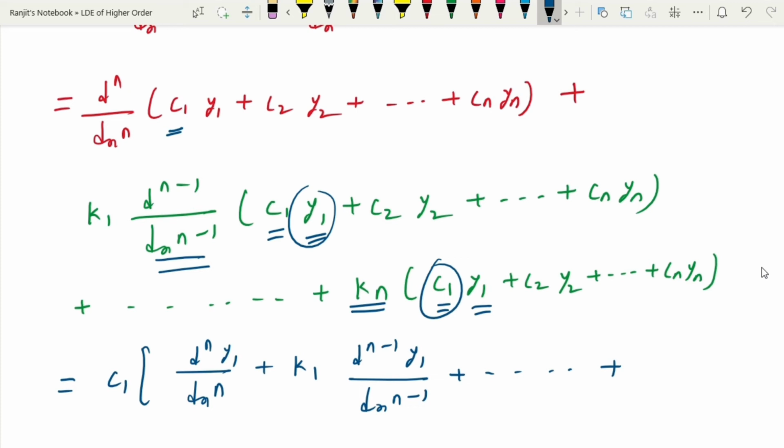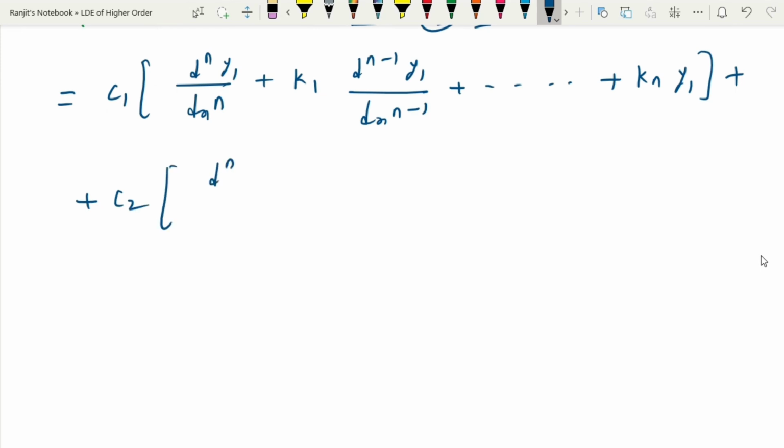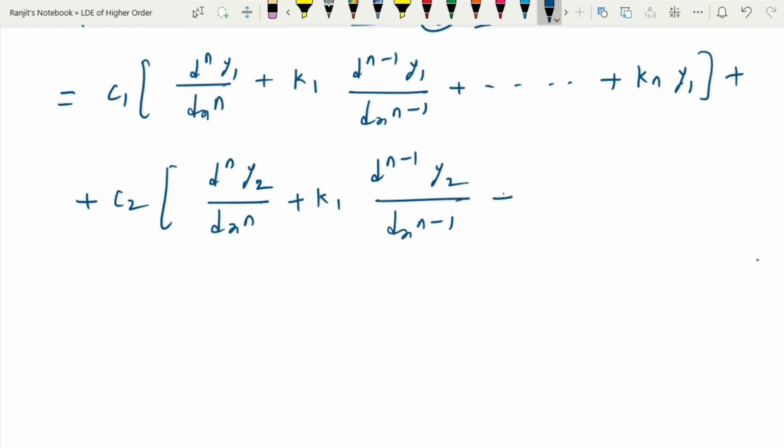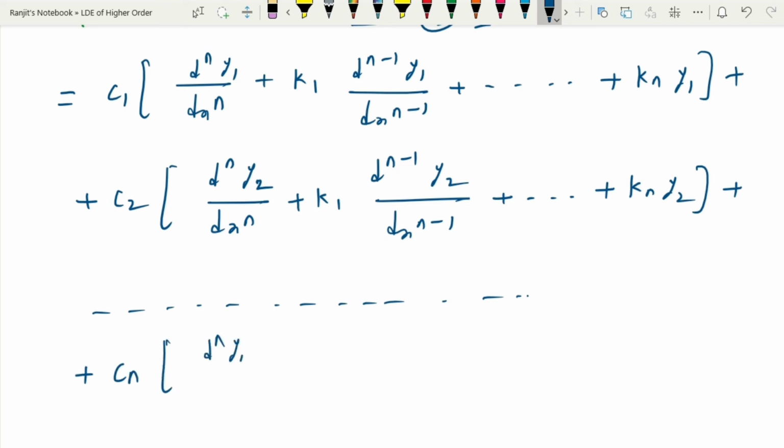Similarly, c2 is the common term: plus c2 times (d^n y2/dx^n + k1 d^(n-1) y2/dx^(n-1) + ... + kn y2), plus cn is the common term: cn times (d^n yn/dx^n + k1 d^(n-1) yn/dx^(n-1) + ... + kn yn).